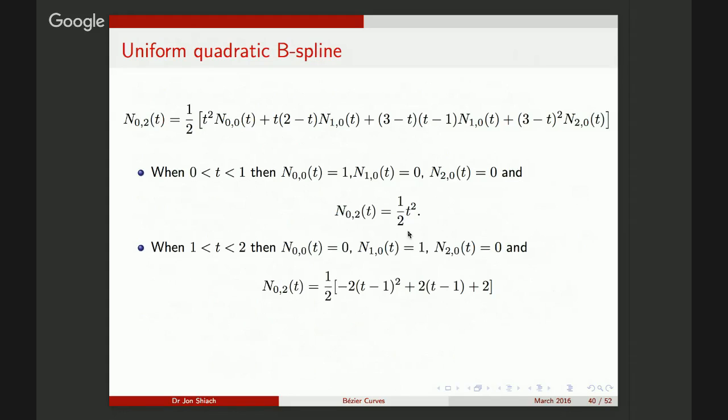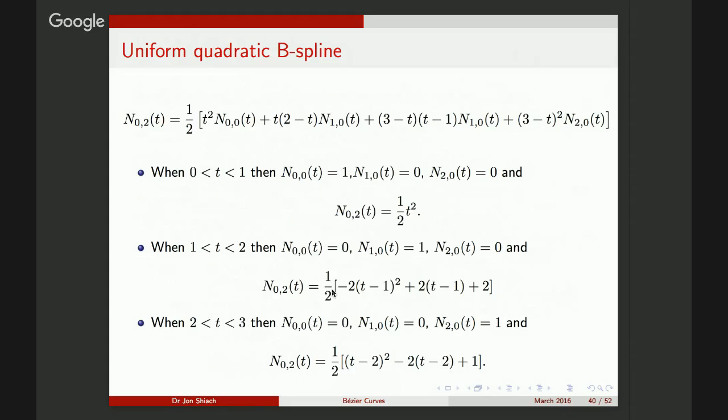When t is between the second and third knot, N_{0,0} is 0, N_{1,0} is 1, N_{2,0} is 0. So this is 0, this is 1, that's 1, and that's 0. And we have that function.